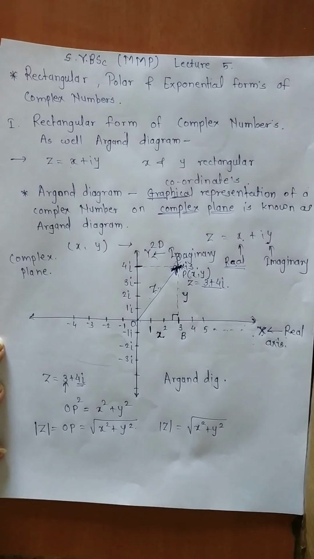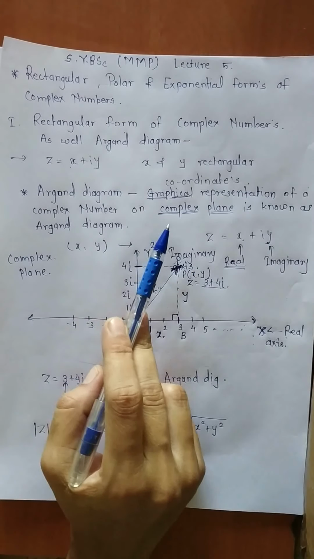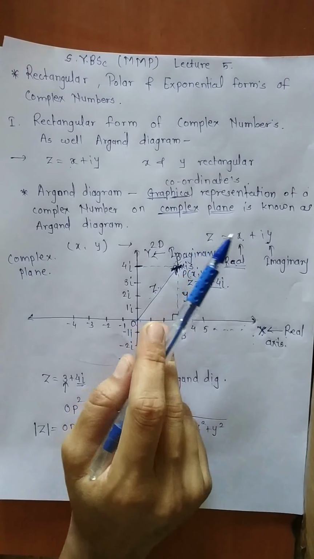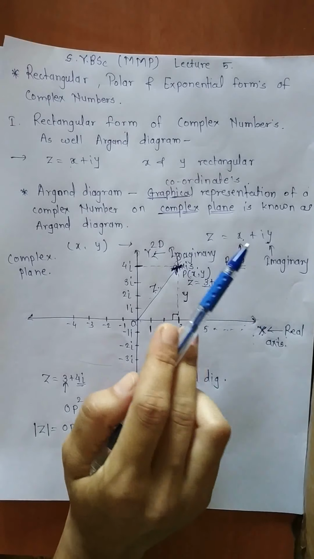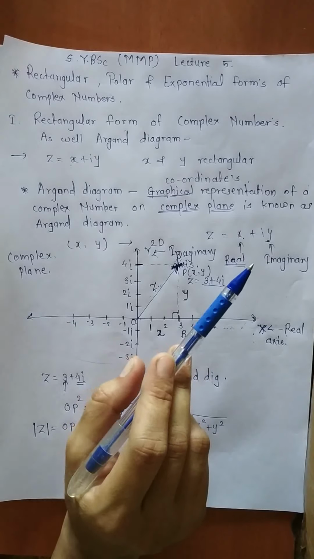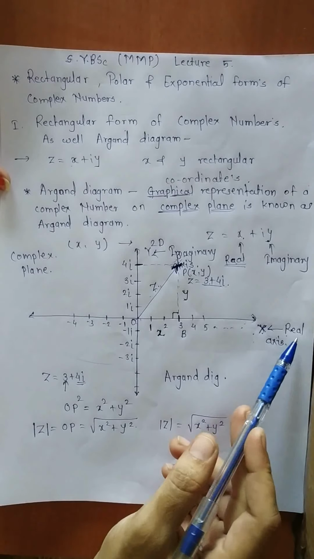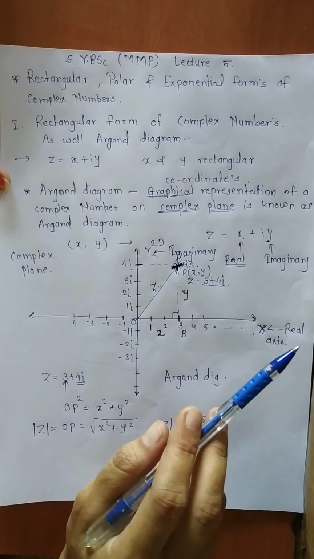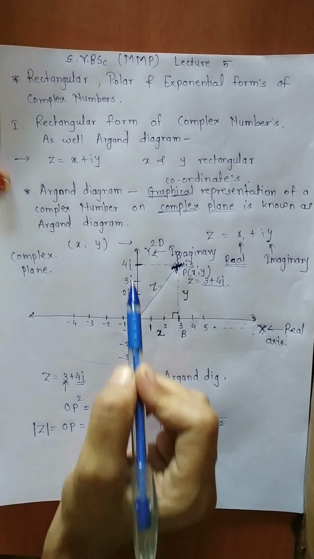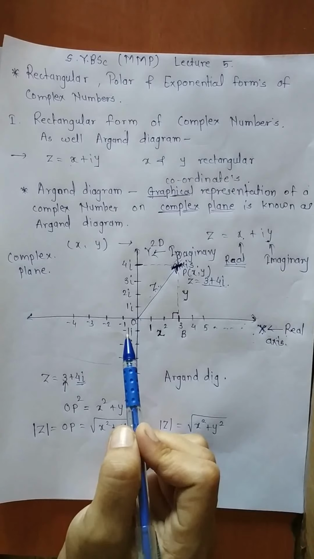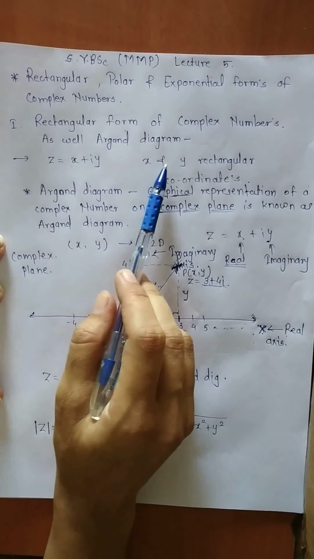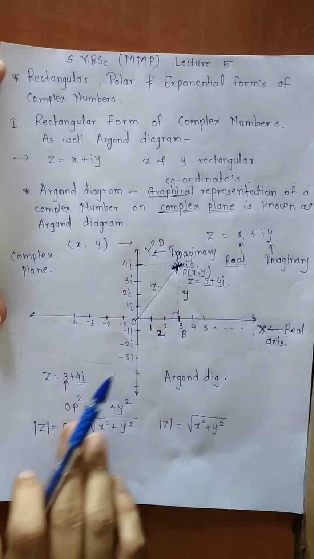The definition is: the graphical representation of a complex number on the complex plane is known as the Argand diagram. In an Argand diagram, the x-axis represents the real axis on which only real values are plotted, and y represents the imaginary part. So this is all about the Argand diagram as well as the rectangular form of a complex number.